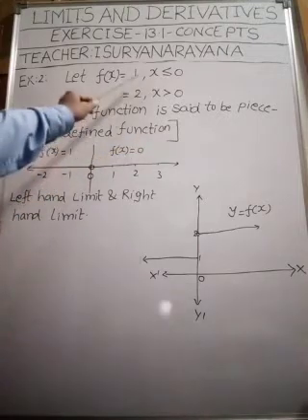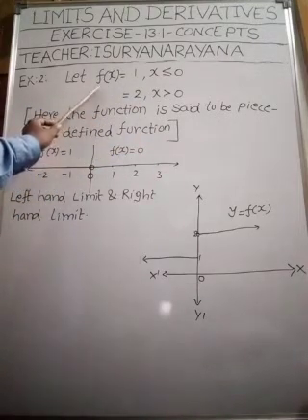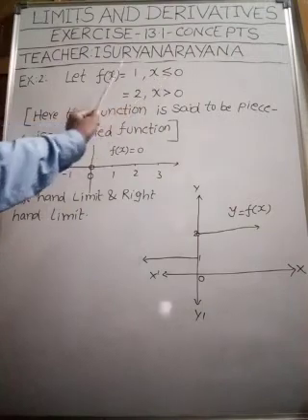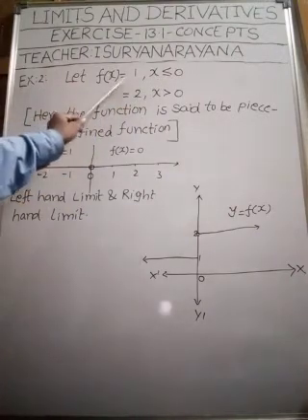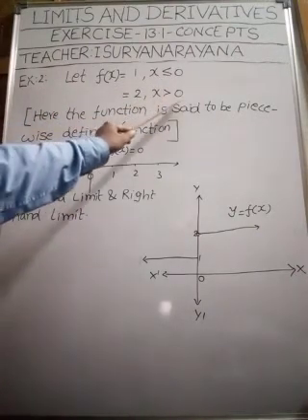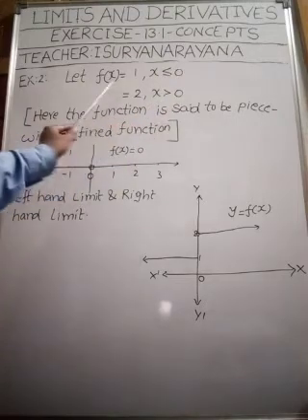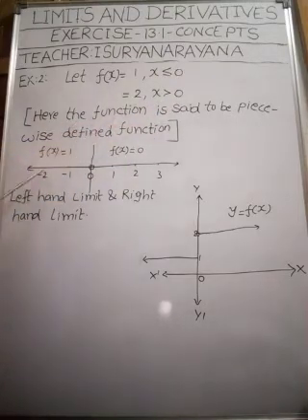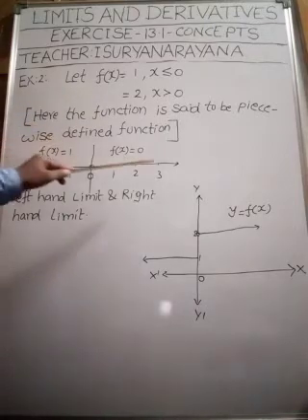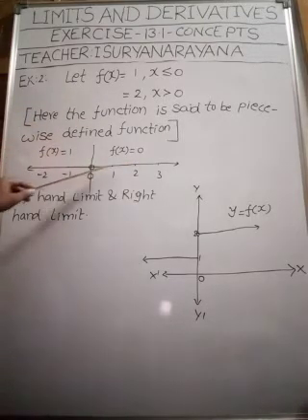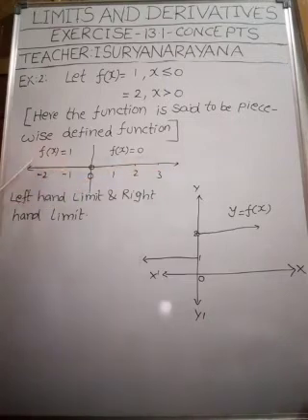In two different intervals, f of x is defined. If x values are less than or equal to 0, f of x value is 1. If x is greater than 0, f of x is equal to 2. So I represented this function on the number line like this. On the number line here 0, 1, 2, 3, here minus 1, minus 2.